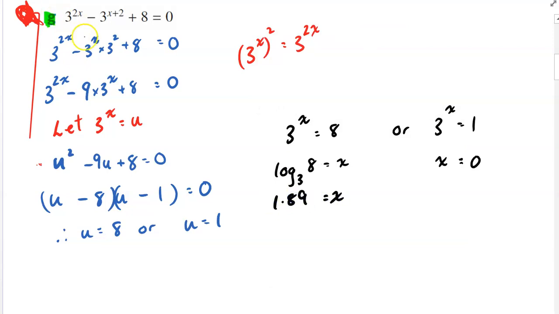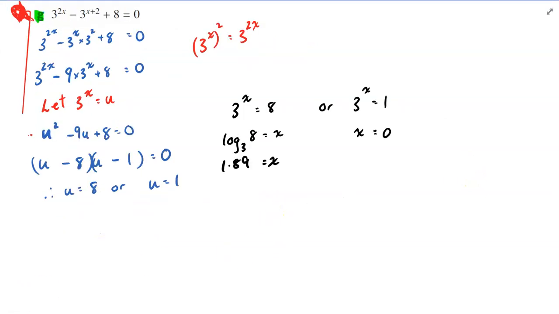So two answers to this question, 0 and 1.89. Just a note here, your textbook actually stops here. X is equal to log base 3, 8. That's an exact answer, whereas 1.89 is like an approximation. So that's probably a better place to stop.